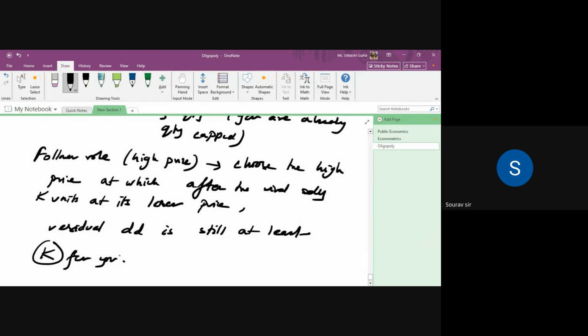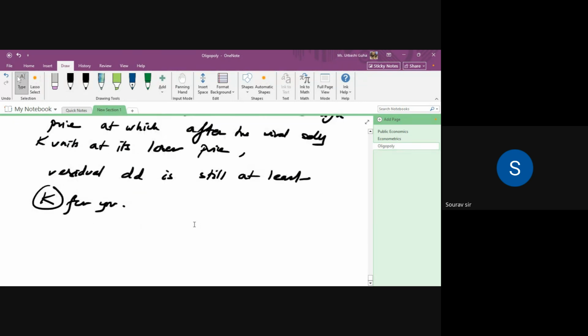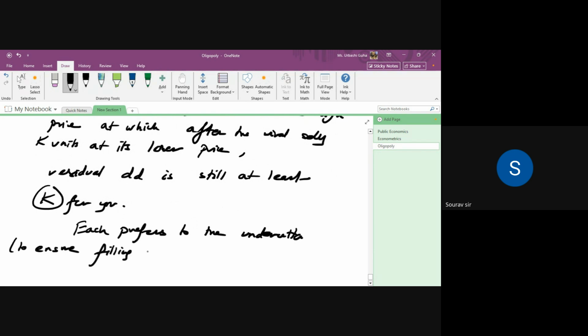So firms keep switching roles, because each prefers to be the undercutter. Obviously, why would I pay more? To ensure filling its own capacity at a good margin.